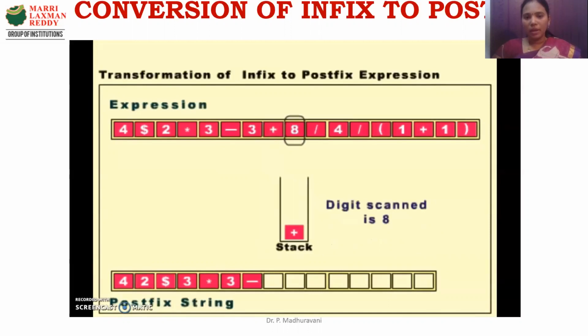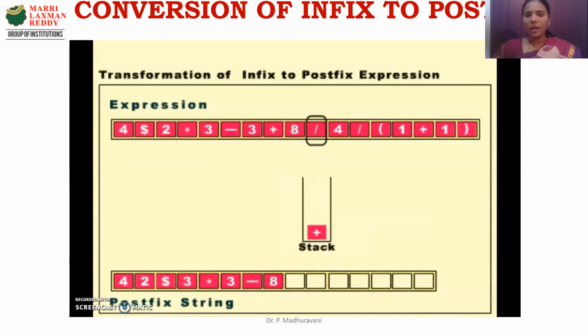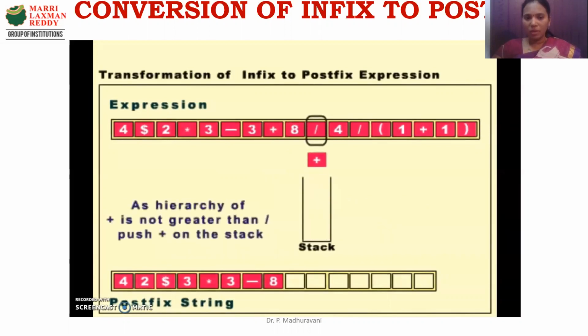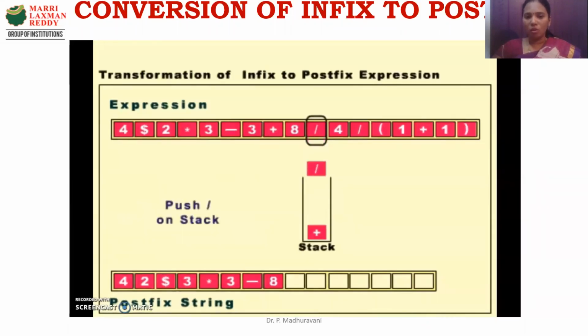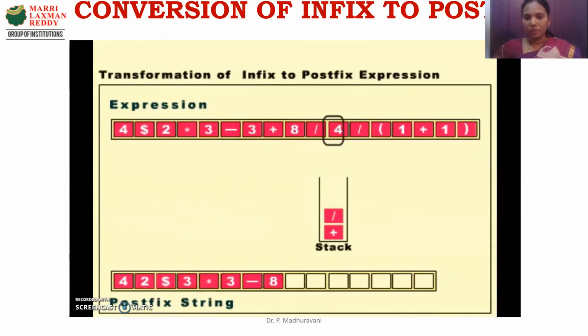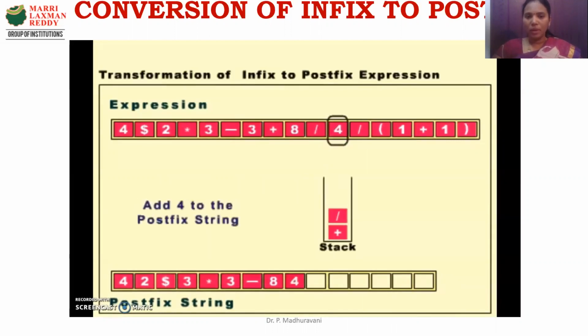The next symbol is 8, which is a digit, a constant, so simply display it. The next scanned symbol is the division operator. You need to push it onto the stack; compare the precedence with the plus operator, which has lower precedence, so you can simply push the division onto the stack. The next scanned symbol is 4, simply display it.